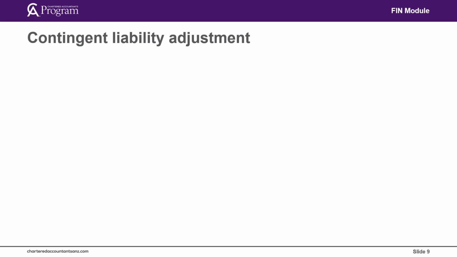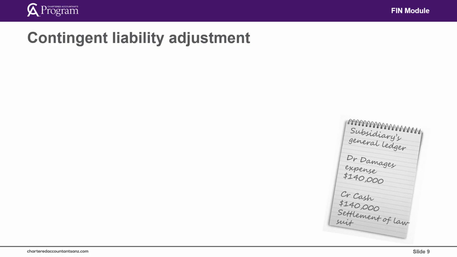The Stark Consolidated Group is responsible for paying the cash for these damages, but the Stark Group's consolidated profit should not be affected given that the workplace injury happened back in 20X1 pre-acquisition. So TBS would debit damages expense and credit cash when it pays the $140,000 settlement amount in October 20X2.